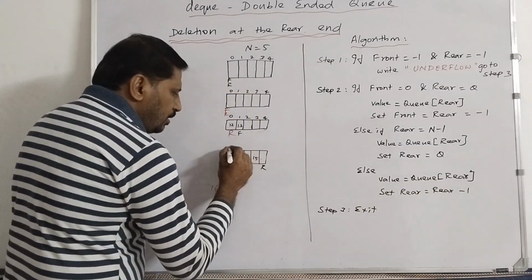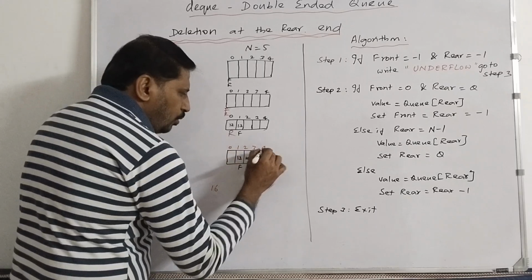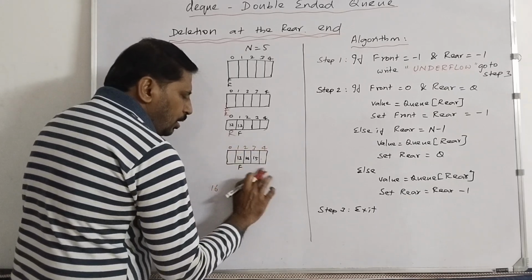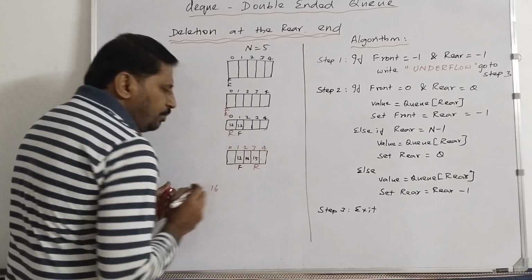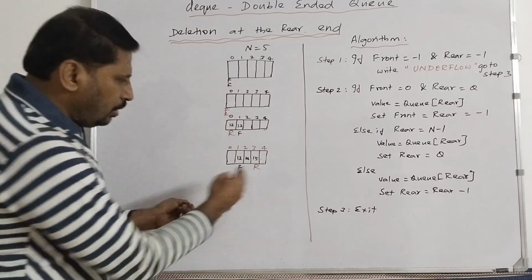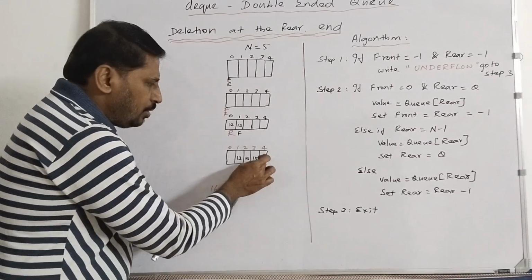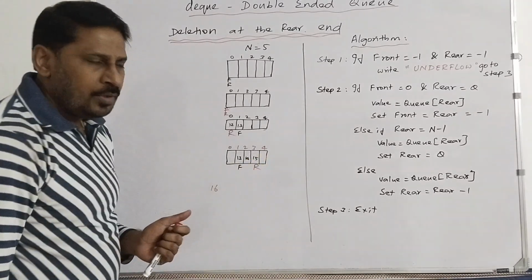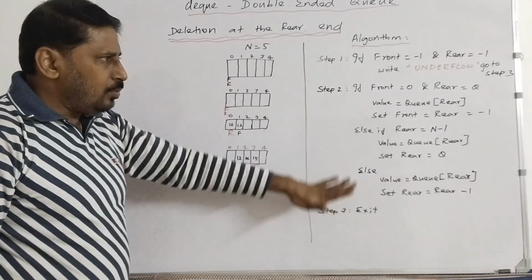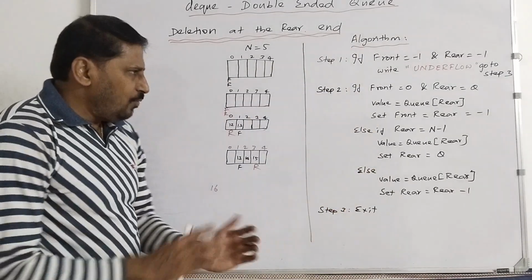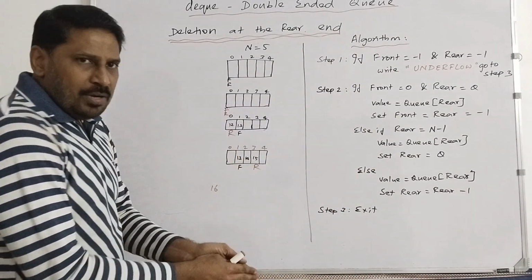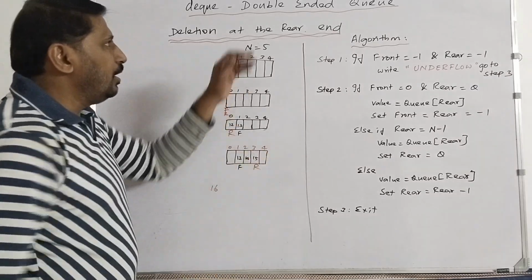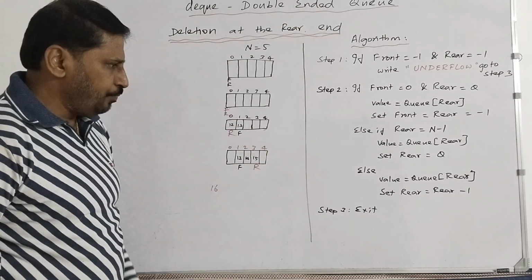So what is the condition? 0, 1, 2, 3, 4, it is in the 4th position. Instead, I am decrementing the rear value by 1. It goes to the 3rd position. Okay, because I am deleting this value. So these are all the possibilities when we are deleting one element from the rear end in a double-ended queue.